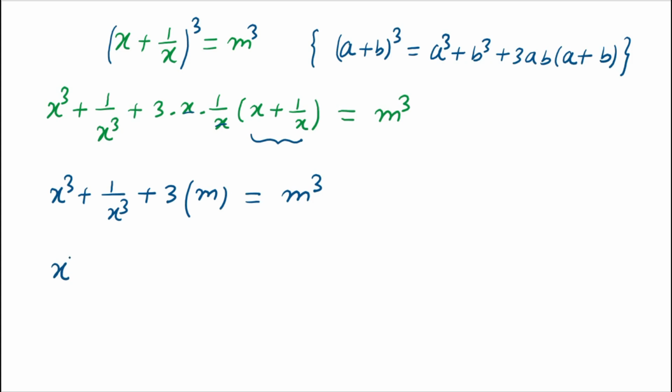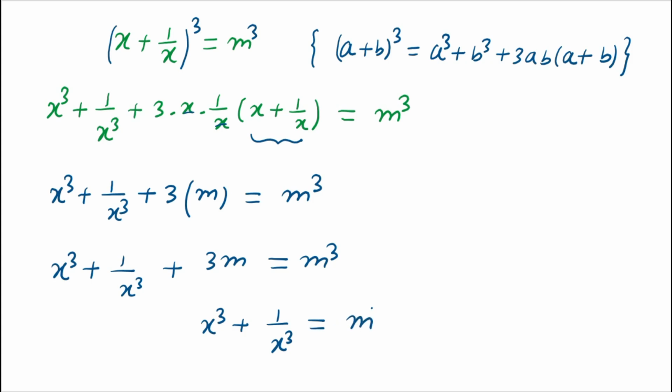Then x cube plus 1 over x cube plus 3 times m, which is 3m, is equal to m cube. Then the value of x cube plus 1 over x cube is equal to m cube minus 3 times m.